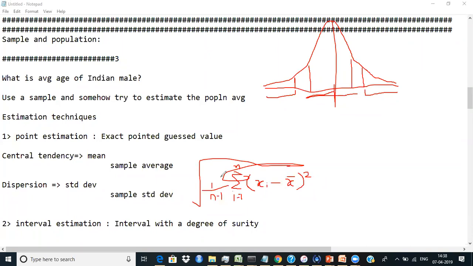So why do we divide by n minus 1? The reason we divide by n minus 1 is that mathematically it has been seen that 1 by n minus 1 converges towards the population standard deviation. If you use 1 by n, it will not exactly be equal to the population standard deviation. I mean, it will not converge to that. 1 by n minus 1 converges to the population standard deviation. Sigma is from i equal to 1 to n, but the division is by n minus 1.